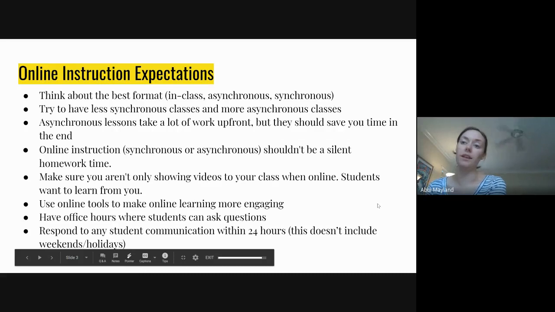And then this is, again, a COE thing. I mean, all of it's a COE thing because COE wants us to have quality online classes, and also that the students are getting the same quality of class online that they would in person. So it's all COE stuff, but this one is one very specific COE thing: we need to be responding to any student communication within 24 hours. And that doesn't include holidays or weekends, but that's a precedent that we want to set.